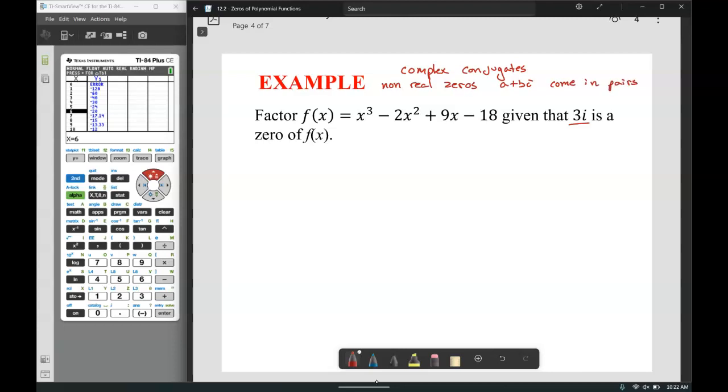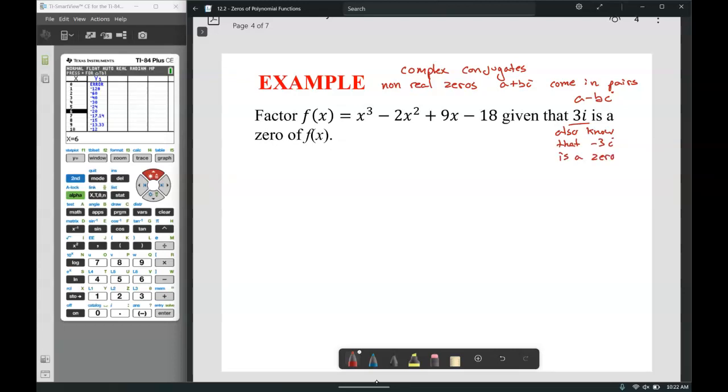They're conjugate pairs. The conjugate pair would be a minus bi. So if we have 3i as a 0, we also know that its conjugate, negative 3i, is a 0. So we have two zeros.